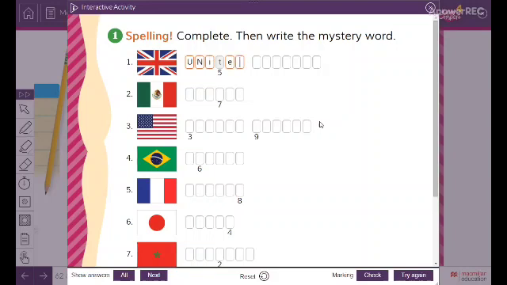United Nations. No. Sorry. It's United Kingdom. And this country is Mexico. You can write it down by yourself. This one?